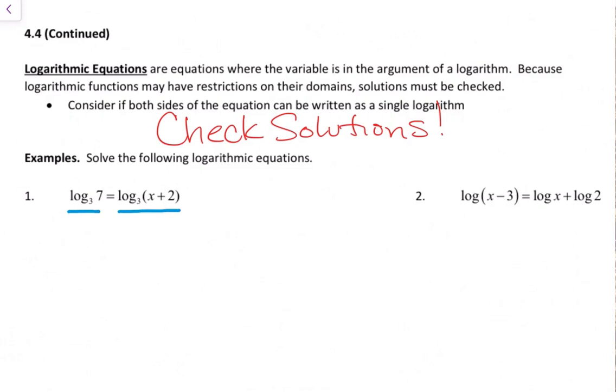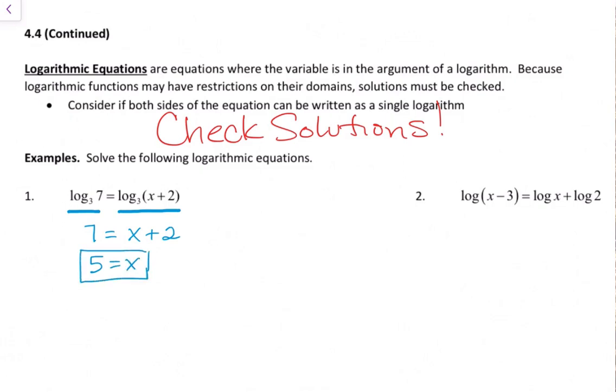So if I can get the log of something equaling the log of something, the only way that this statement can be true is if the arguments are equivalent to each other. So that means that I can go ahead and set this argument equal to the other argument and solve for x that way. So if I solve for x, I'm going to get x is equal to 5.